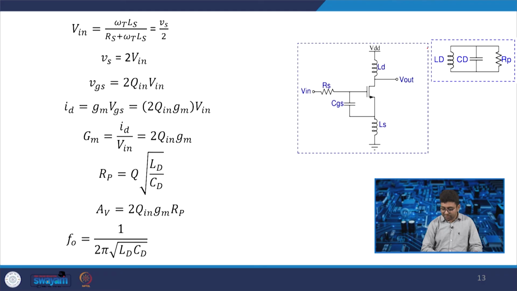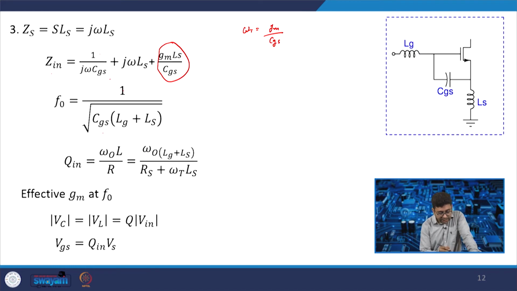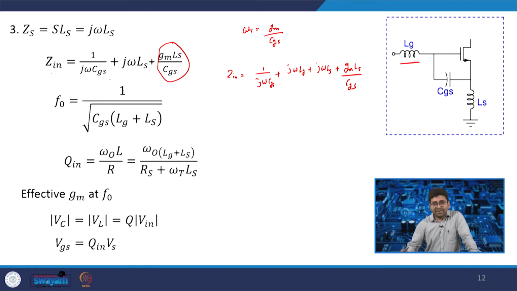In the previous case, in this equation there is no Lg, but here if we try to add the Lg, then it will be Zin equal to 1 by j omega CGS plus j omega Lg plus j omega Ls plus gm Ls by CGS.